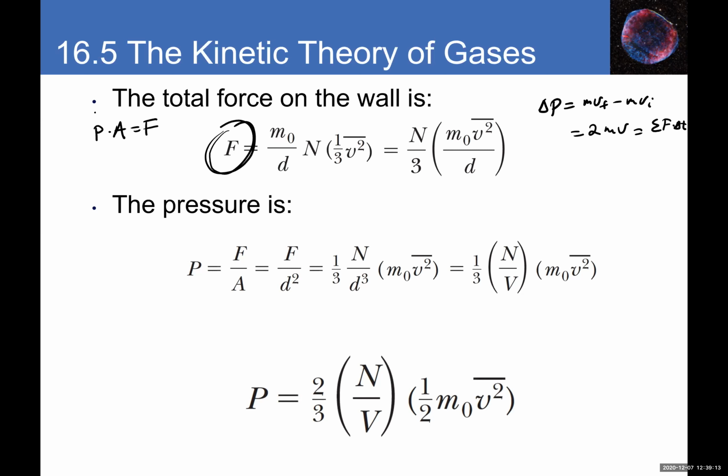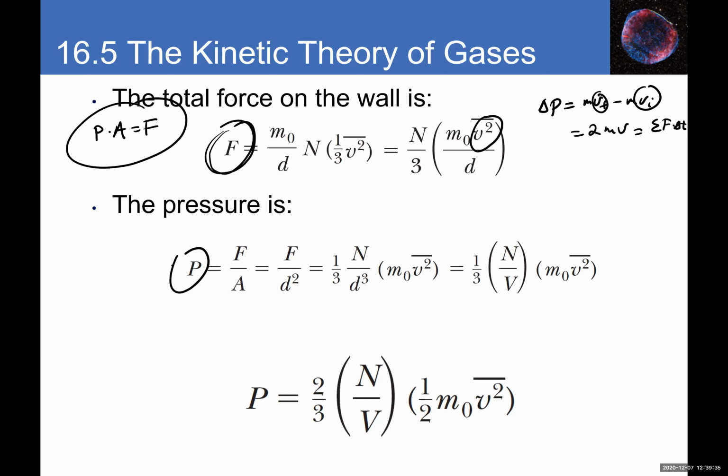Remember, force is pressure times area. Pressure is the macroscopic quantity, while v final and v initial are the microscopic quantities, specific to this molecule. But I can relate those things together and end up with one equation for the pressure.